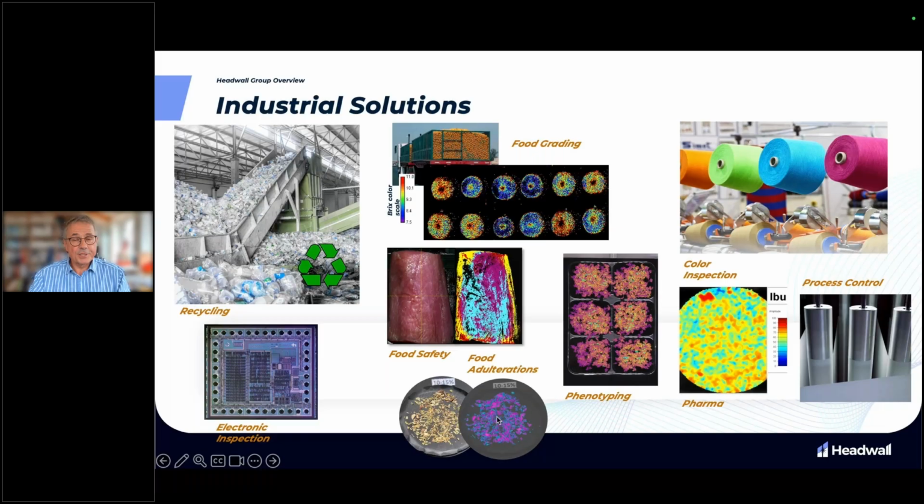Other applications, and there are manifold where hyperspectral imaging is used, include electronic inspections, phenotyping to differentiate the quality of seeds, pharma, identifying, for example, as this image shows, the distribution of the active ingredients. Here it would be ibuprofen in a tablet, color inspection, or many other process control applications.